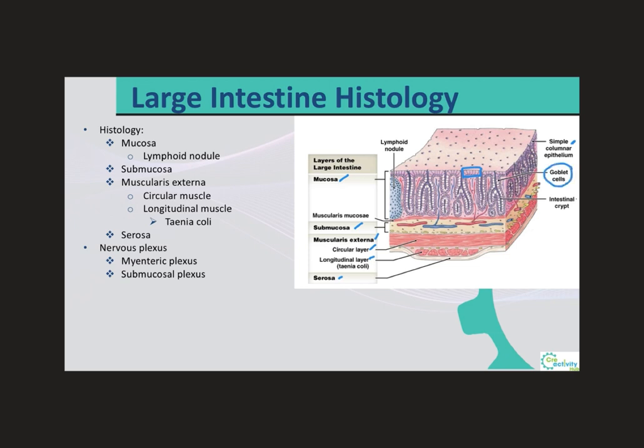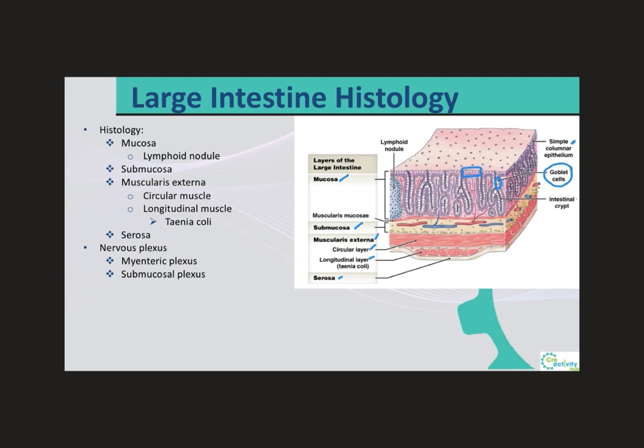And these goblet cells will secrete mucus that will help with easing the movement of feces and also protecting the intestine from the effects of the acids and gases that are produced by the enteric bacteria.